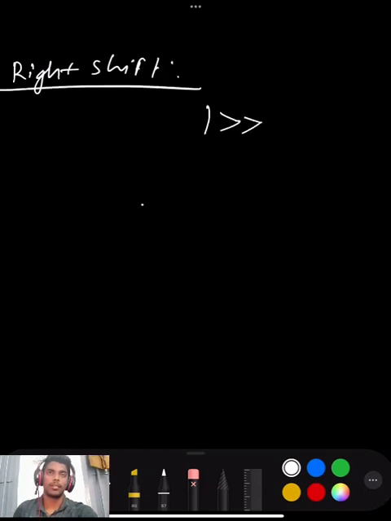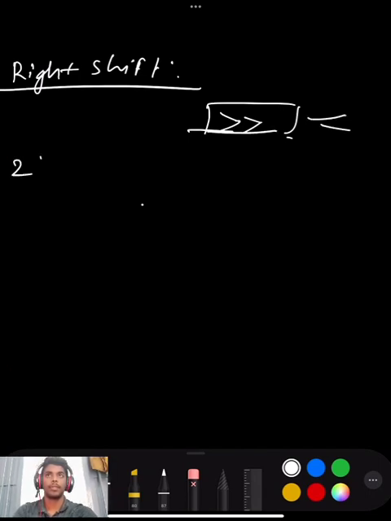Then we will go for the next operators, shift operators: right shift and left shift. We will go for right shift first. The right shift operator shifts all bits towards the right by a certain number of specified bits, denoted by right shift. Take the example as 212.